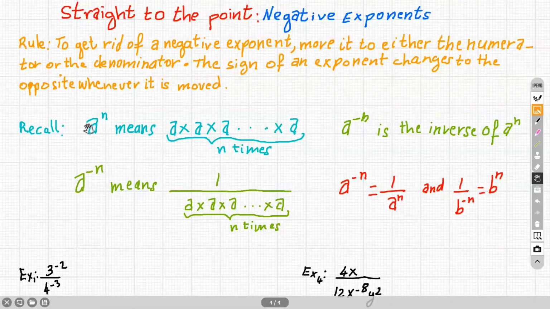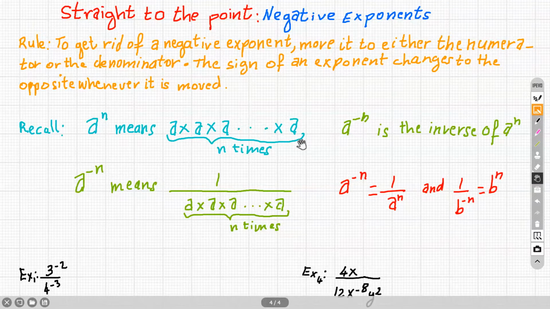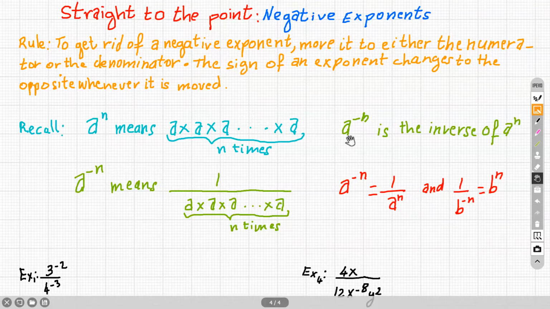Recall that when a is raised to the power n, that means we are multiplying a by itself n times, right? So a raised to the negative n is the inverse of a to the power of n.